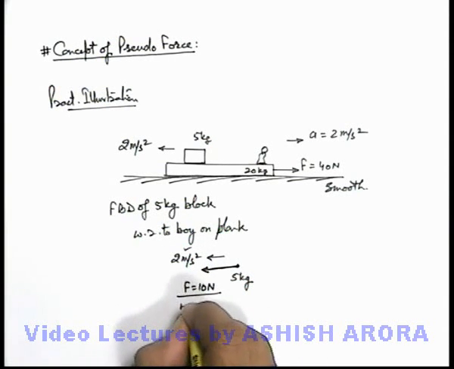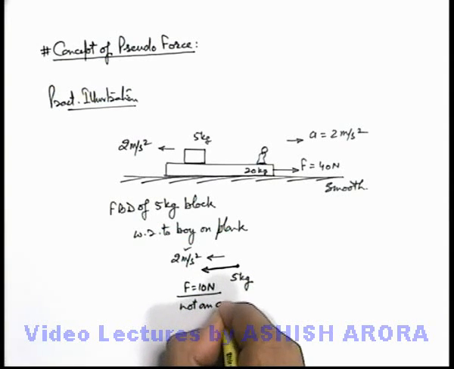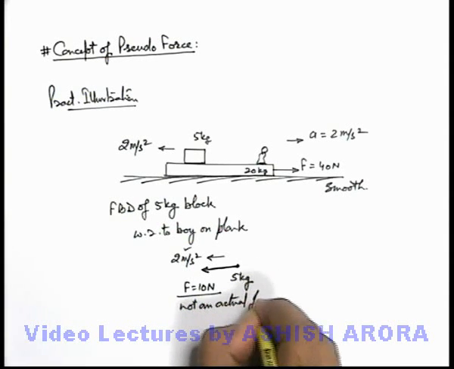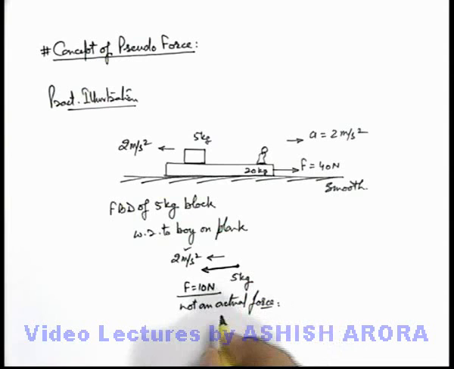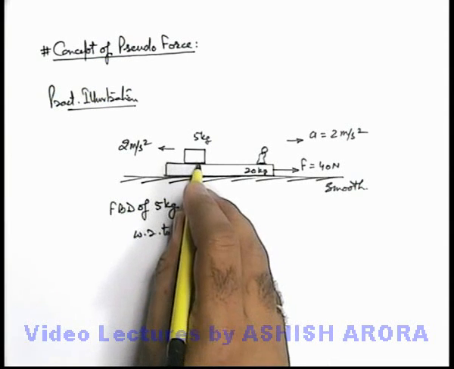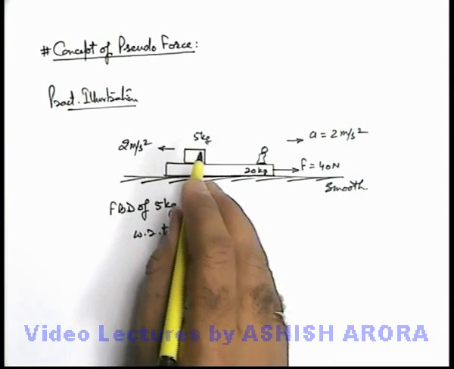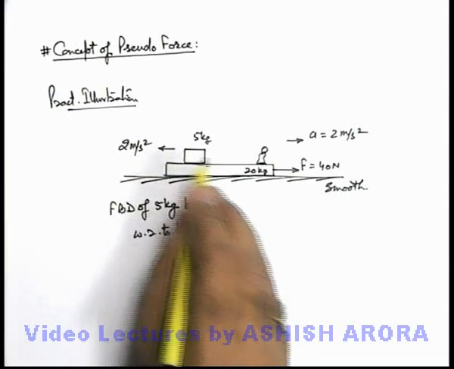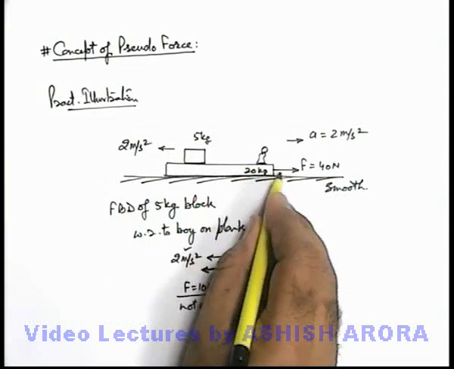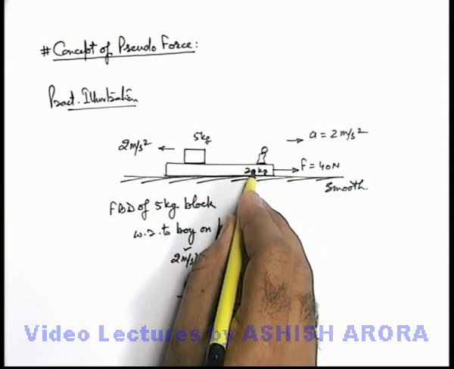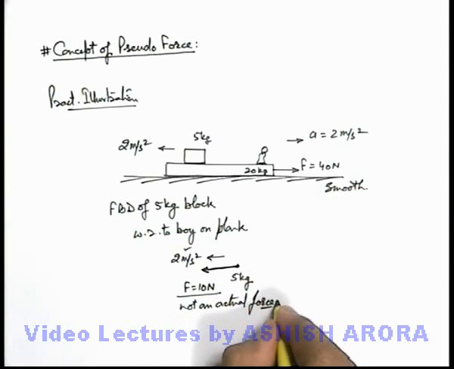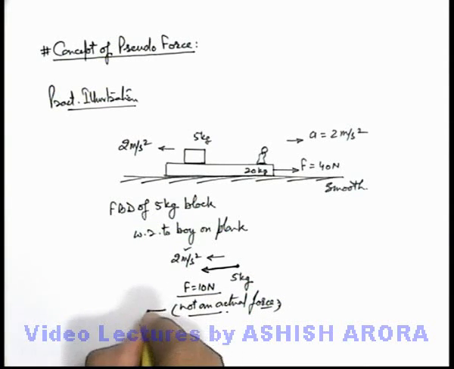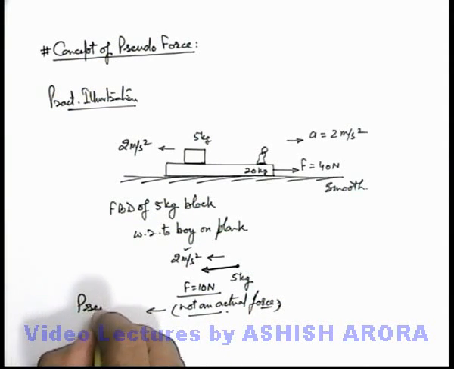But this is not an actual force. This only appears to be acting on this 5 kg block because this block appears to be accelerating with respect to an observer who is accelerating along with the reference frame. This particular force, which is not an actual force, we call pseudo force.